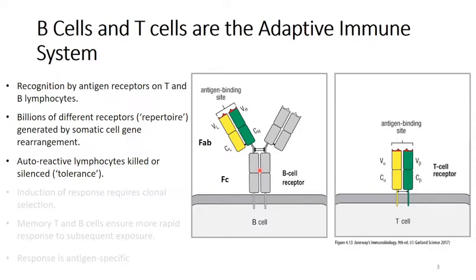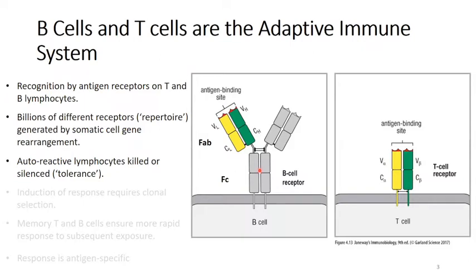These gene segments are rearranged to produce a functional antigen receptor as the lymphocyte develops. That's very different to an innate receptor, those being expressed in dendritic cells and macrophages and all the rest of it. An antigen receptor is generated by a process of gene rearrangement as the lymphocyte develops.